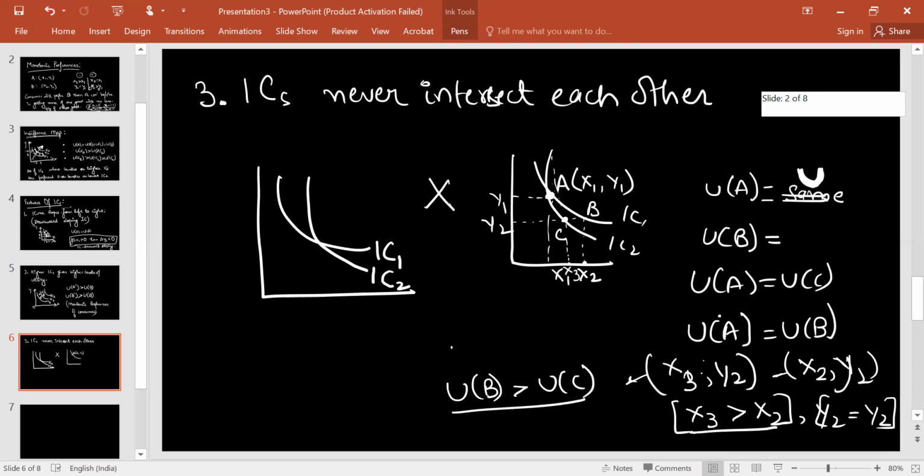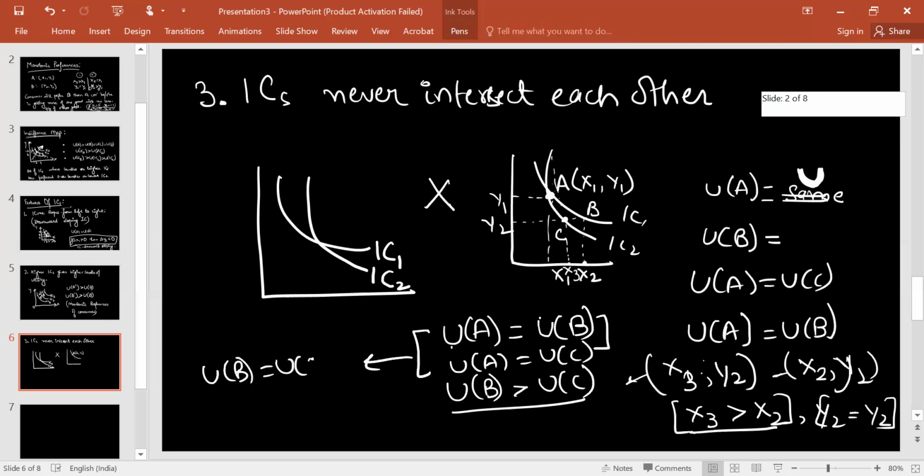This is a contradiction, because on the one hand we are saying that the utility from A is the same as the utility of B, and the utility from A is equal to the utility of C. From these two equations, we get that the utility derived from B is the utility derived from C. But here we are getting a contradiction, that the utility derived from B is greater than the utility derived from C.